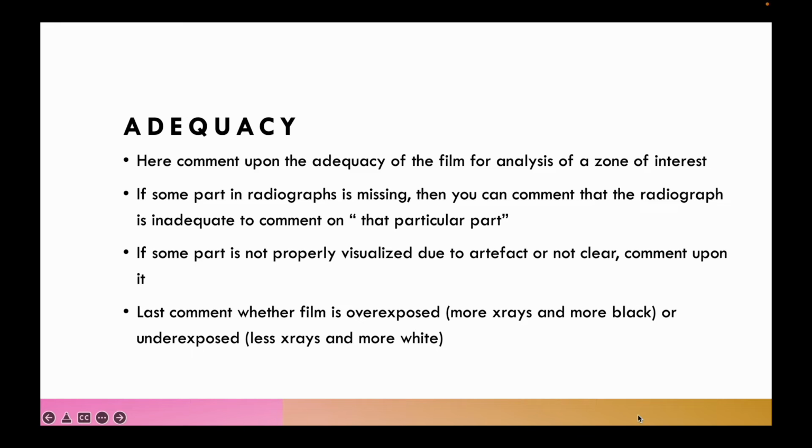And if some part is not properly visualized due to artifact or not clear, then simply comment that I am not able to comment on this part because of the poor visualization. Then lastly, comment whether the film is overexposed, that is appearing more black because of the large volume of X-ray beam, or underexposed, which appears to be more white because of less volume of X-rays.